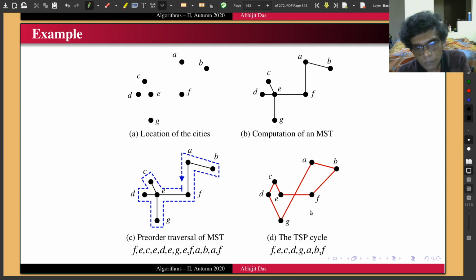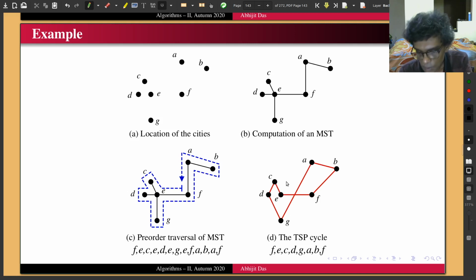Let me now prove that this TSP cycle produced by the algorithm is not more than twice as bad as the cost of the optimal TSP cycle.